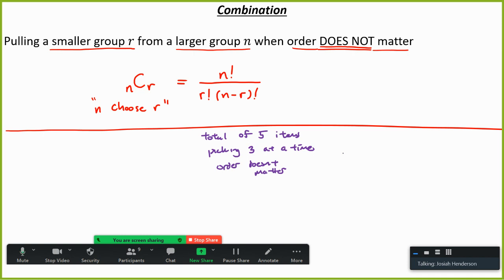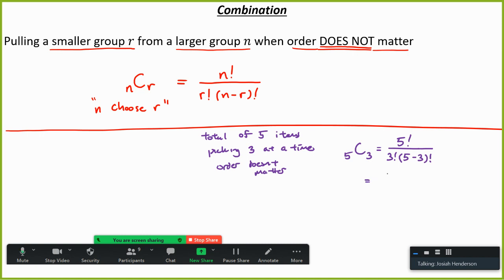So we're doing 5 choose 3. Notice instead of the capital P, it's the capital C. And we're going to use this formula: 5 factorial over 3 factorial times 5 minus 3 factorial. So this time there's a third factorial we have to deal with as well. Notice that there's 3 exclamation points here.